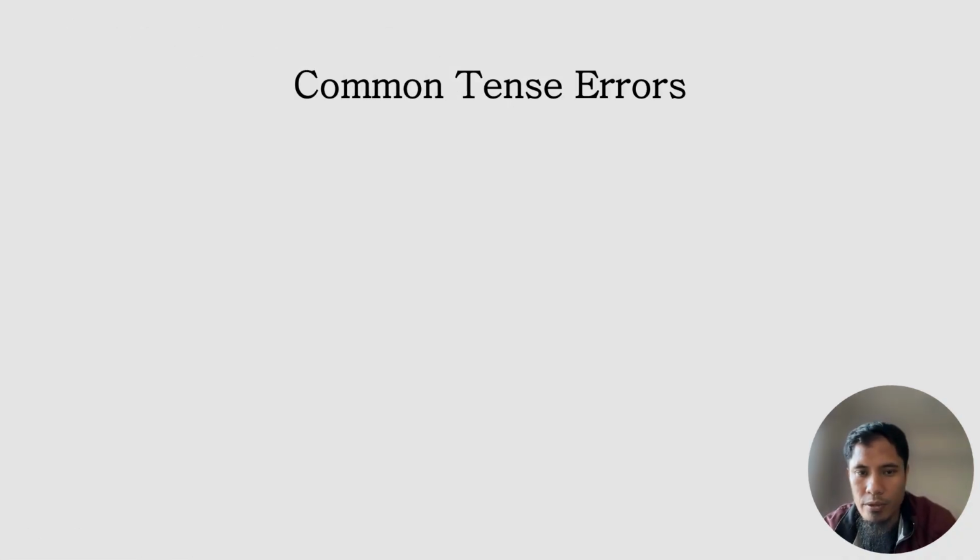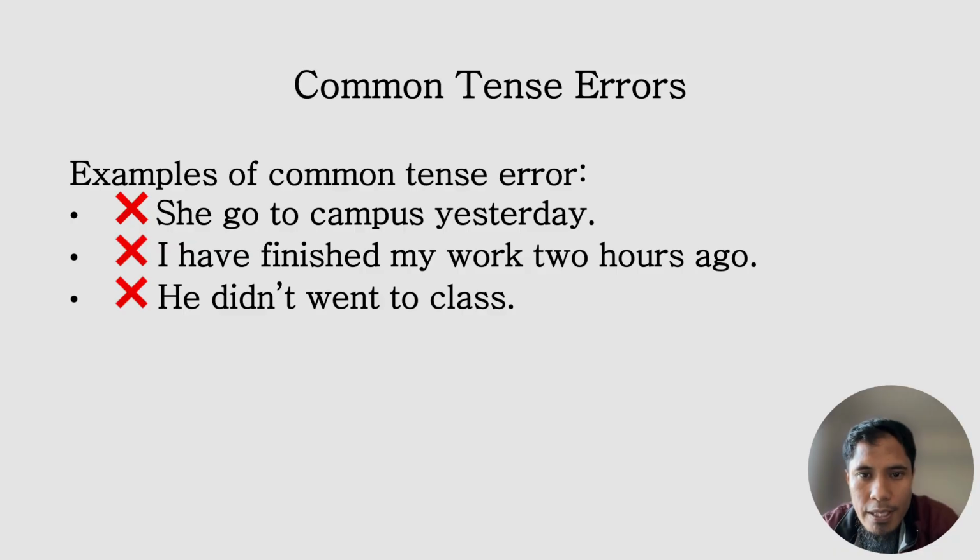Okay, common tense errors. Look carefully at each sentence on the screen. Every sentence shows a different tense problem, and each one teaches us something important. So what you are doing is not only to correct the sentences, but also to understand why they are incorrect. So a good question to ask yourself is, what time is the sentence talking about?